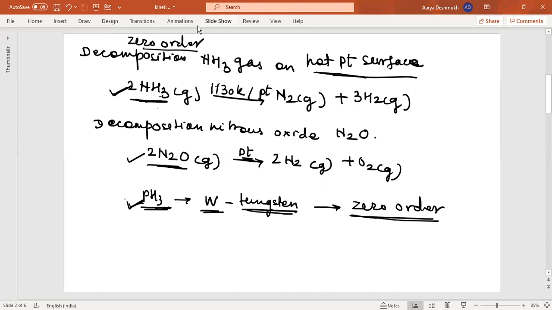So all this information you will need for solving the numericals and MCQs. So just remember the units of K, that is the most important part when you approach solving the MCQs based on the zero order reaction. Thank you.